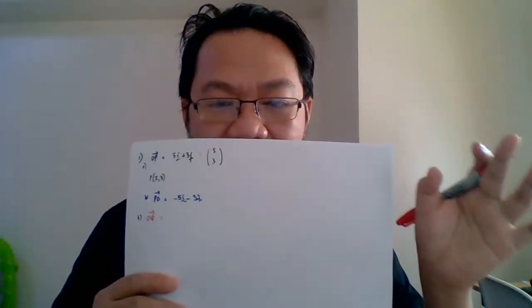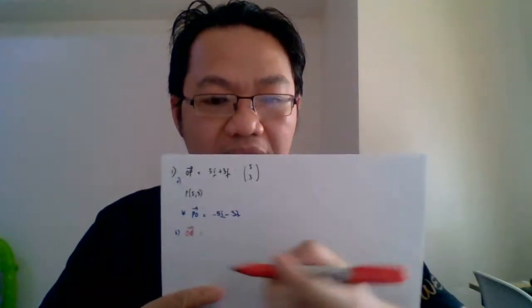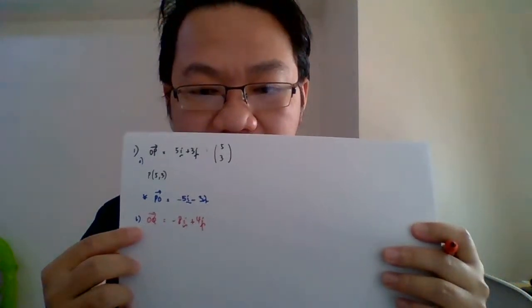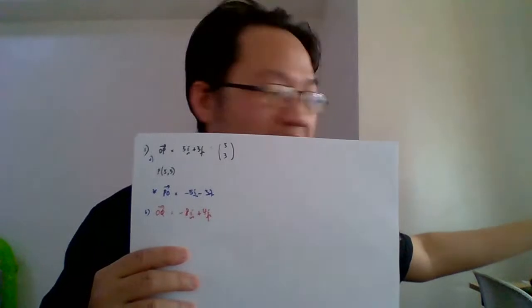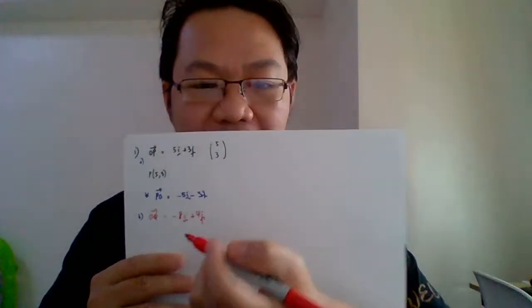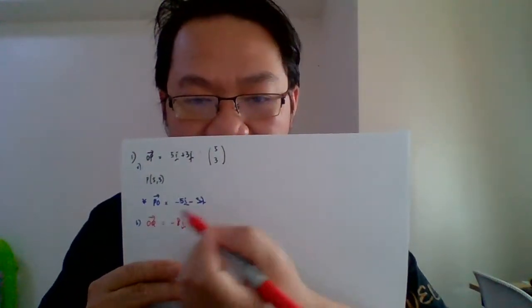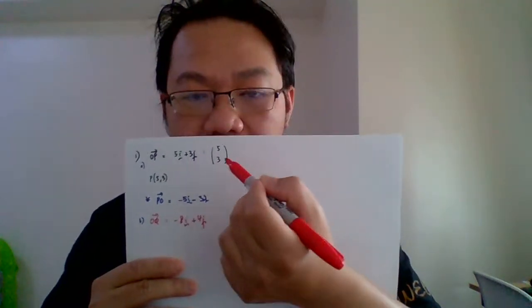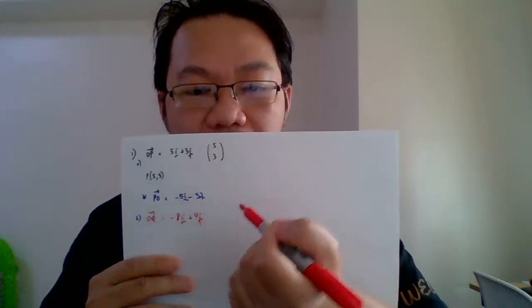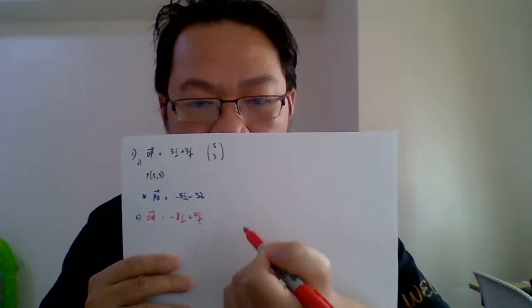So we just cut and paste. The vector OQ equals negative 8i plus 4j. Very straightforward. OQ, just cut and paste the coordinate of Q and then write it in vector form like this. If the question asks you to write your answer in the matrix form, it becomes negative 8 bracket 4.